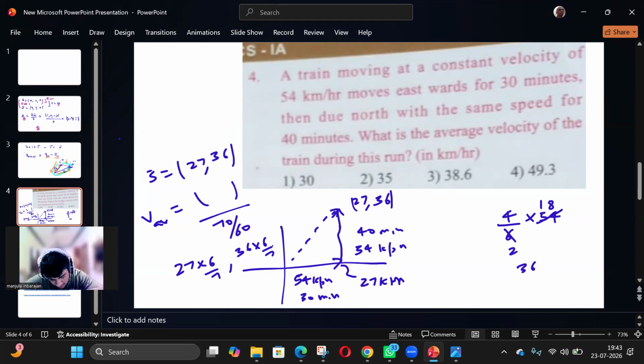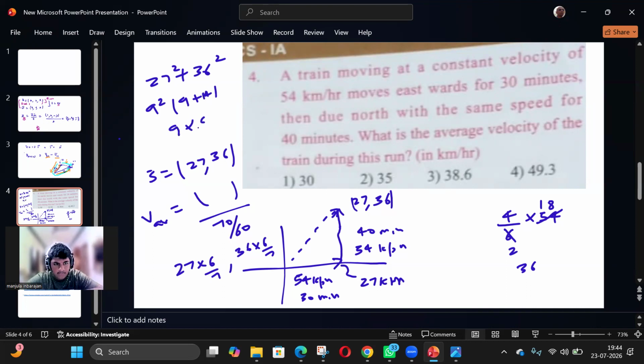Some decimal numbers are there given, right? Okay, fine. So 27 and 36, I have to find the magnitude of this. So 27 square plus 36 square. 9 is common, so 9 square into 3 square plus 4 square. 3 square plus 4 square is 5 square.